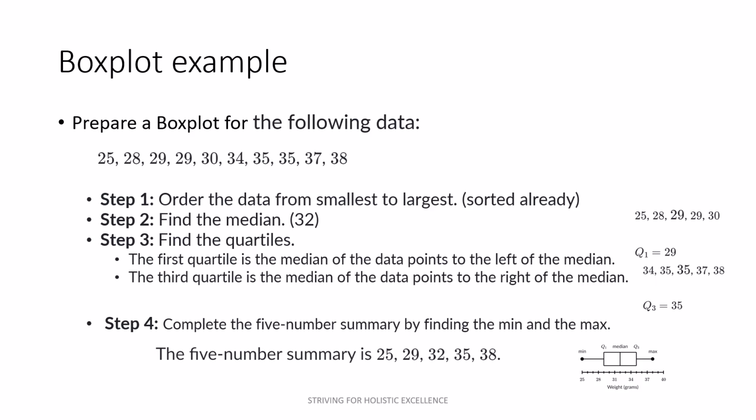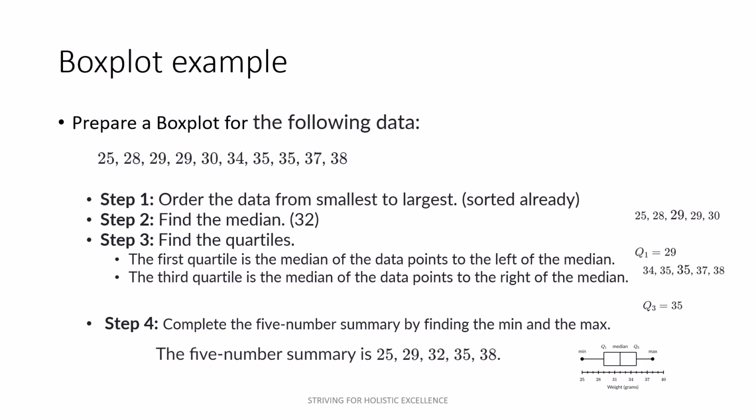If it is an even number, then you divide by 2. Whatever value you get, you take that value and the value after that and find the average. So since we have 10 values, we took the fifth value and the sixth value, that is 30 and 34, and we found the average of that. 30 plus 34 divided by 2, which is 64 by 2, 32. So that is the median. So we got the median.